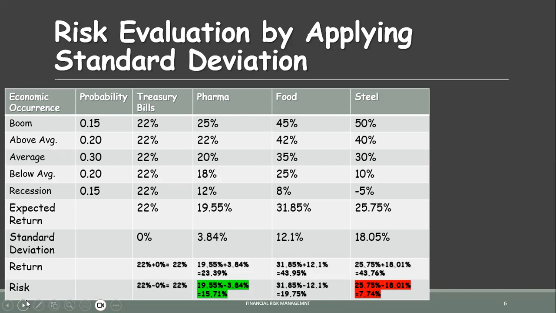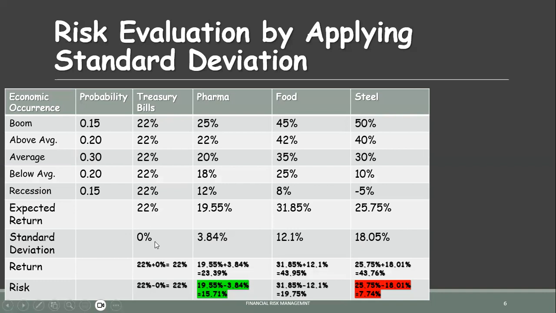Here we have the risk evaluation by applying the standard deviation. For the treasury bill, the expected return comes to 22%, here 19.5%, here 31.85%, here 25.75%. These are the figures.